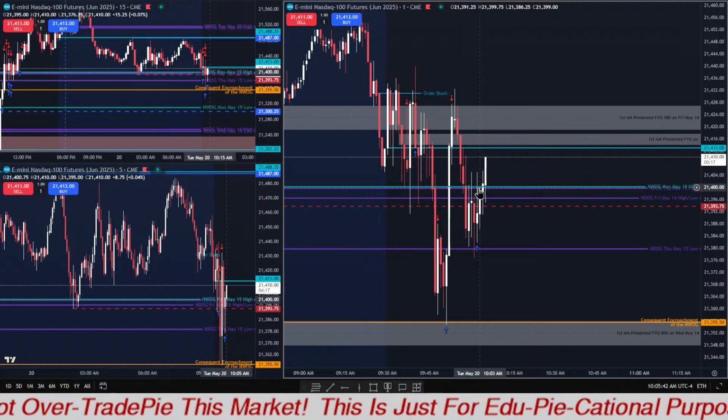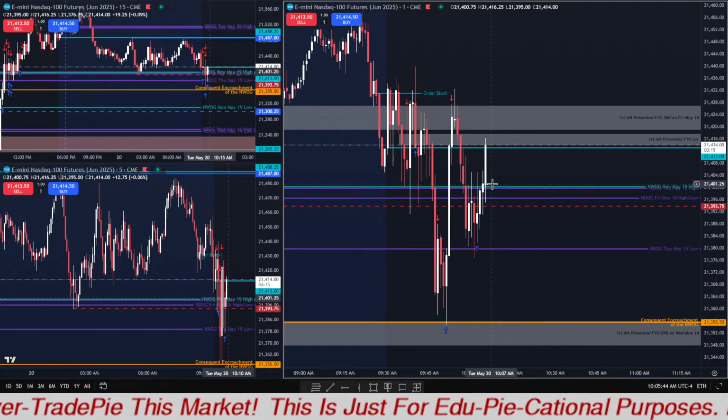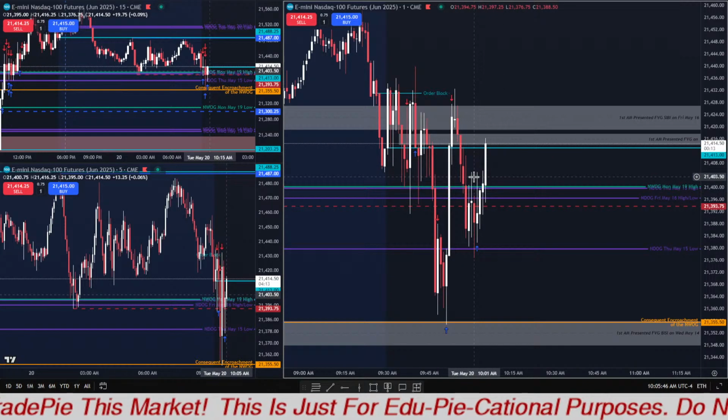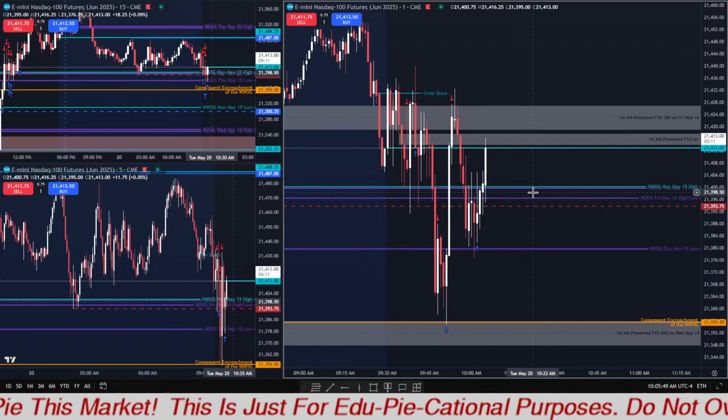Okay, so far we closed above this volume imbalance and once again tapped into the first presented fair value gap.